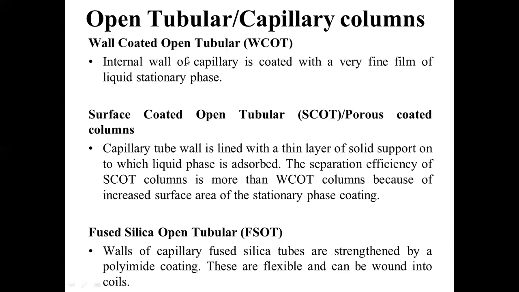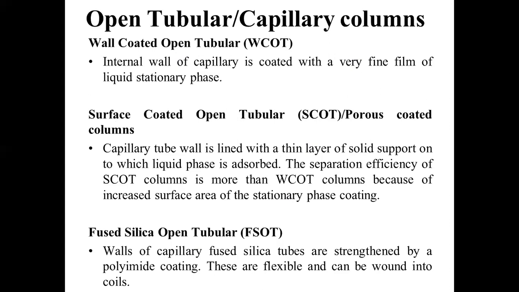Okay. So open tubular columns or capillary columns are of four important types: wall coated open tubular column, surface coated open tubular column, porous coated open tubular columns, and fused silica open tubular columns. The open tubular columns I have already explained. They belong to fused silica open tubular columns, in which the stationary phase is fused silica itself.